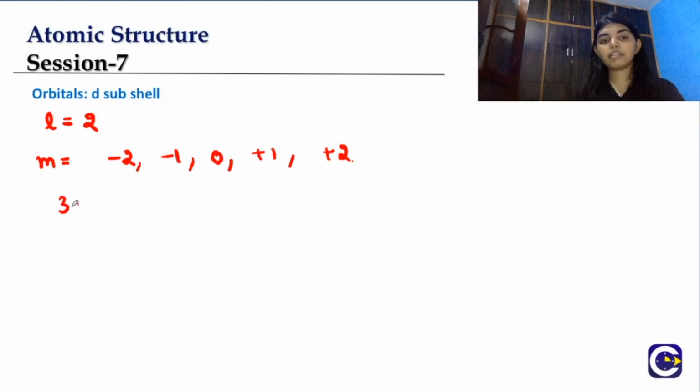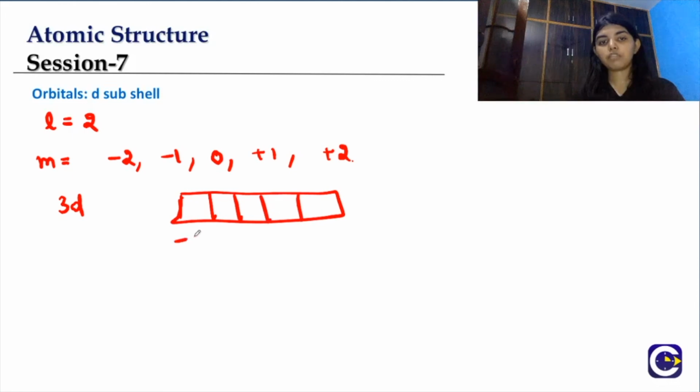So 3d will have 5 orbitals: 1, 2, 3, 4, 5, named minus 2, minus 1, 0, plus 1 and plus 2. Similarly, 4d will also have 5 orbitals, and similarly 5d also.